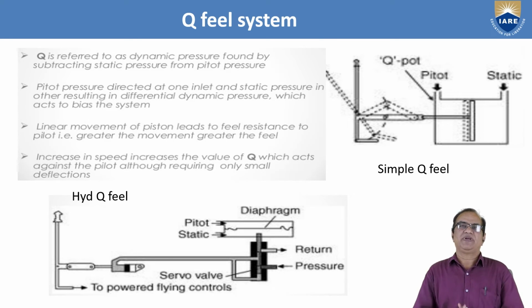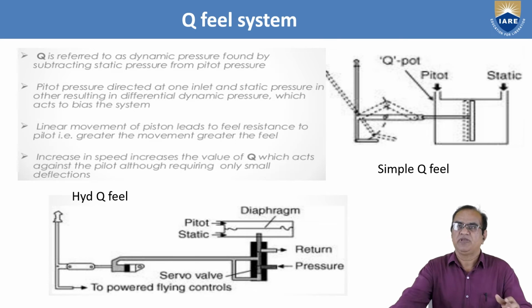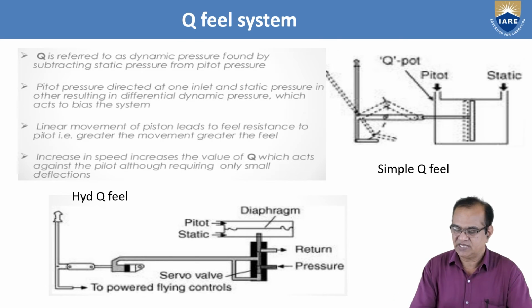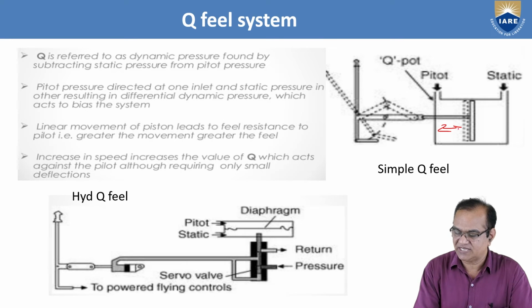So in this, what happened? Pitot pressure is directed at one inlet and static pressure at the other, resulting in a differential dynamic pressure which acts to bias the system. Linear movement of the piston leads to feel resistance to the pilot. The greater the movement, the greater the feel. So if you can see here is this piston. This is called the linear movement.